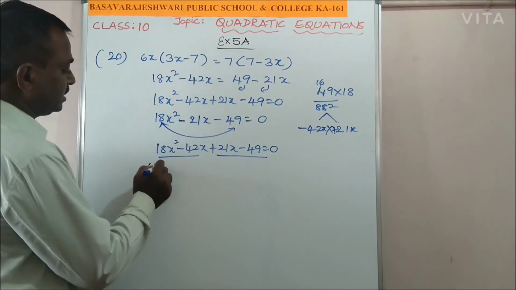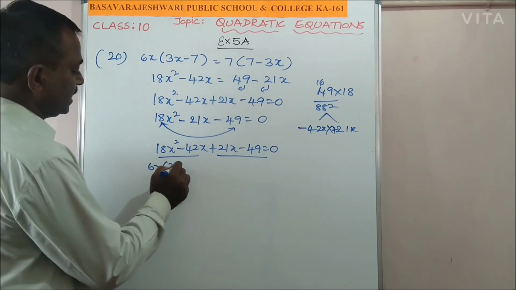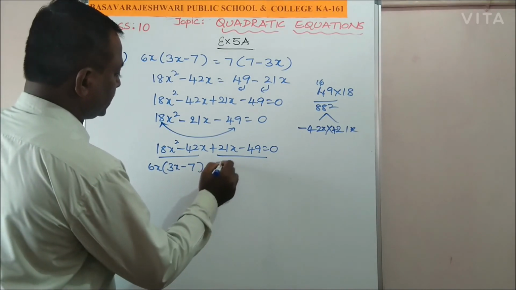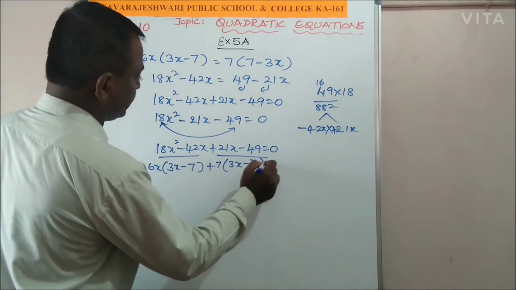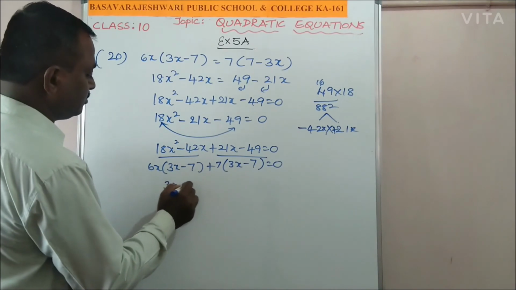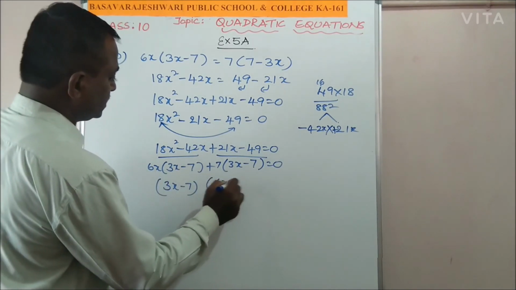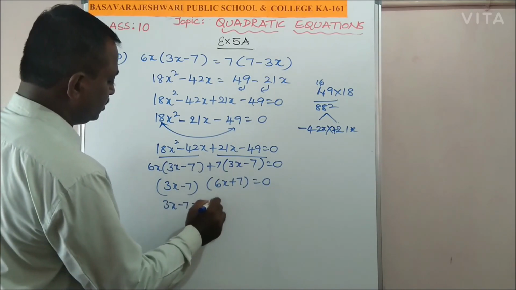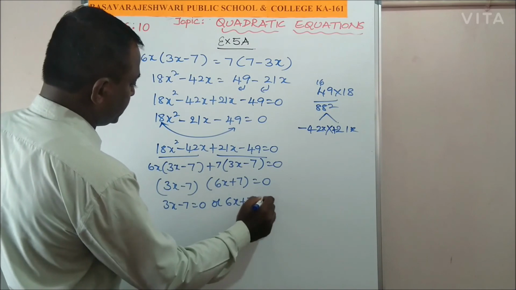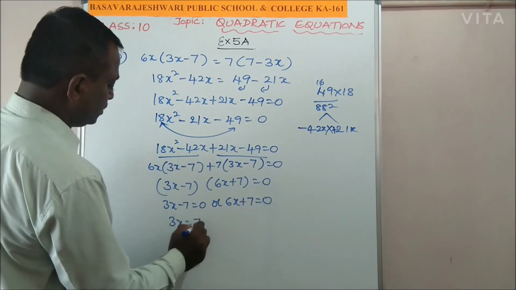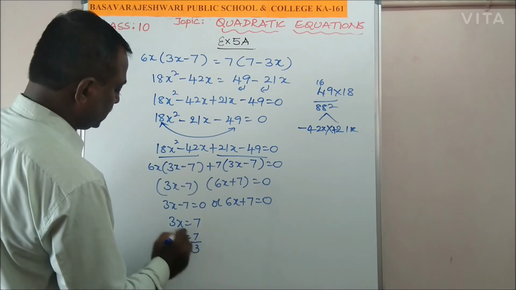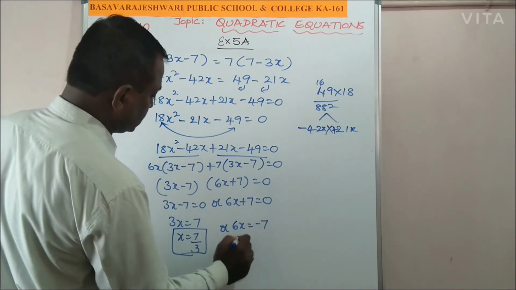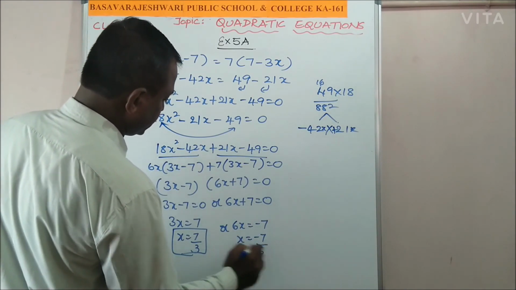6 is the common factor, 6x, 3x minus 7 plus 7, common factor 3x minus 7 is equal to 0. 3x minus 7 is one factor, 6x plus 7 is another factor. 3x minus 7 is equal to 0 or 6x plus 7 is equal to 0. 3x is equal to 7, x is equal to 7 by 3, or 6x is equal to minus 7, x is equal to minus 7 by 6.